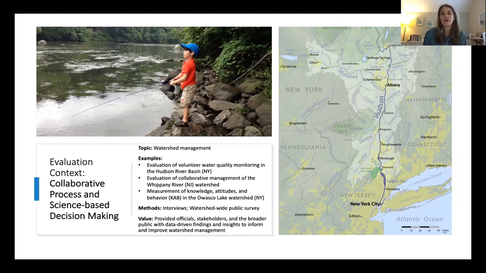And so the project had 2 full components to it. One was clarifying both those actual methods in the field for water quality, as well as the quality assurance and quality control protocols that would go along with those.